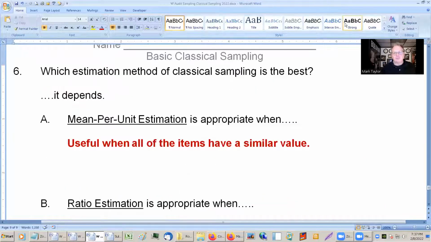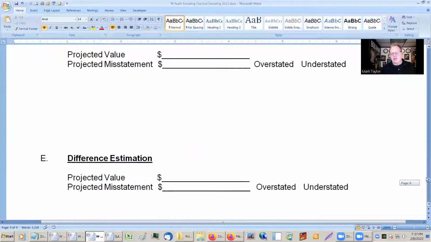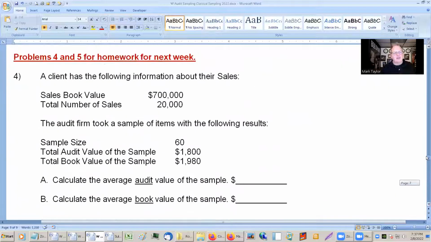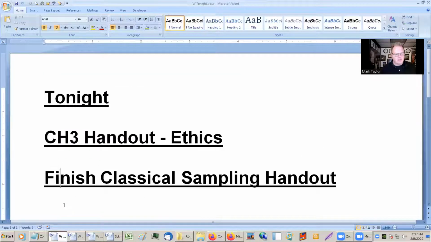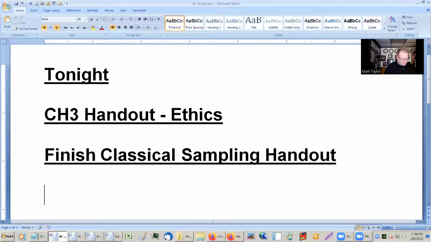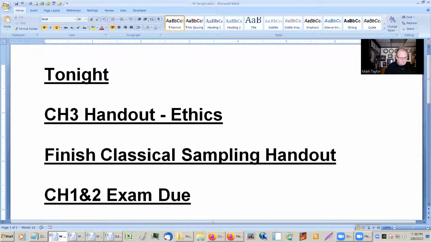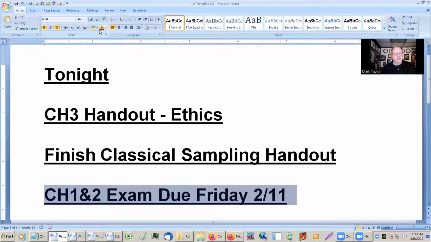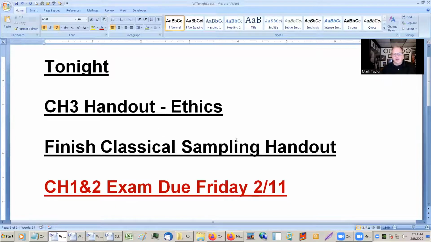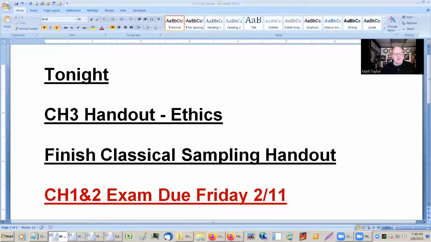Question on that? Okay, so do pages, two problems 4 and 5. And the first test is due on Friday. The chapter 1 and 2 exam is due Friday, so get that in, and then give these a shot.